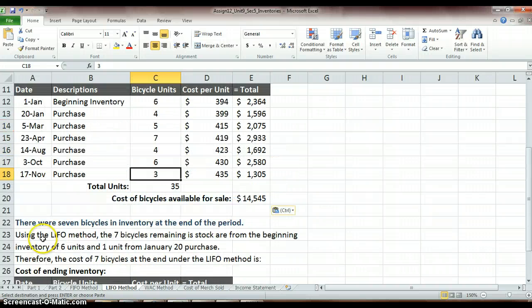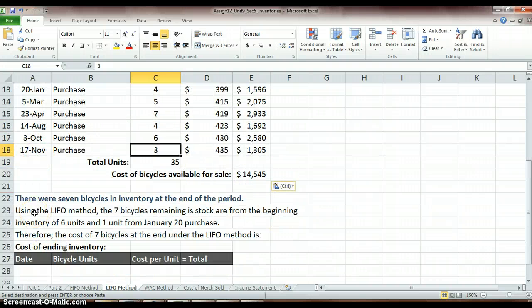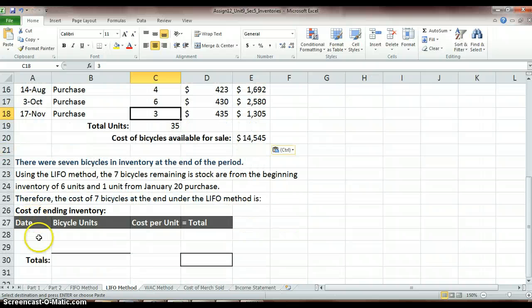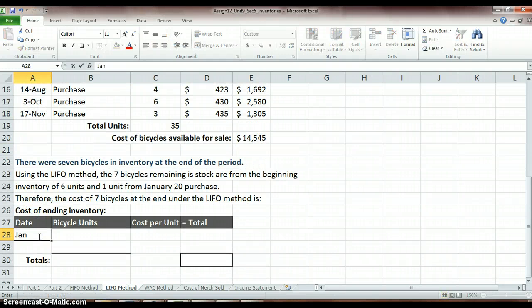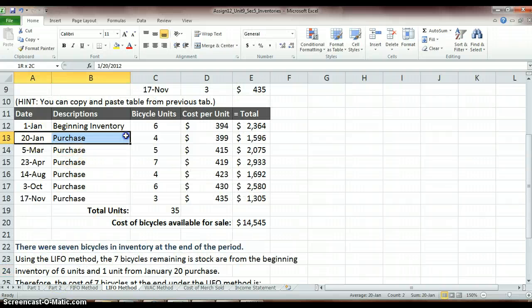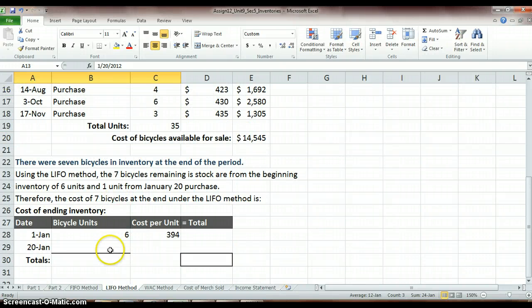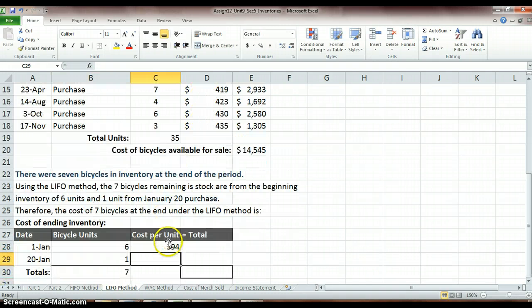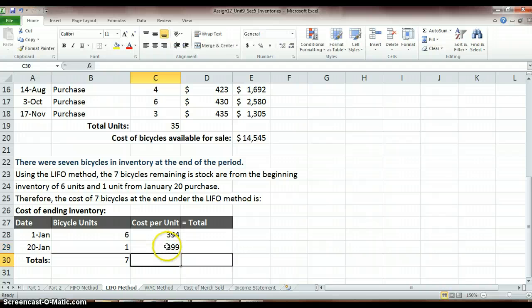So what we have left then is our January 1st, our beginning inventory of 6 bikes at a cost of $394 per bike. Then we have our January 20th, because we have 7 bikes left over, so we have 1 left over from our January 20th purchase, totaling 7 bikes that we have left over. And our January 20th was purchased at $399.